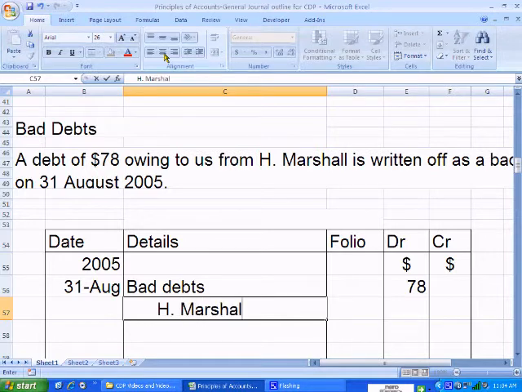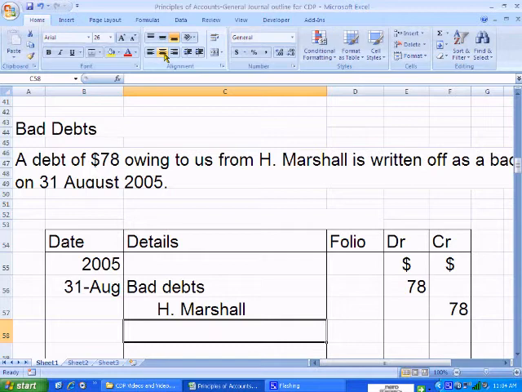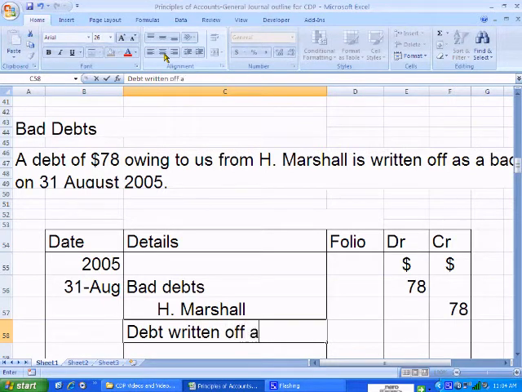And our narration would be debt written off as bad. The narration, simple as that, friends. And look at something called other items.